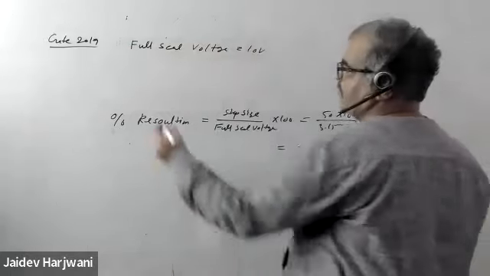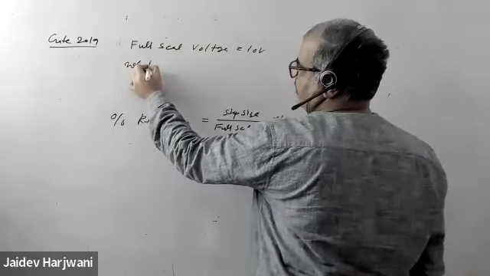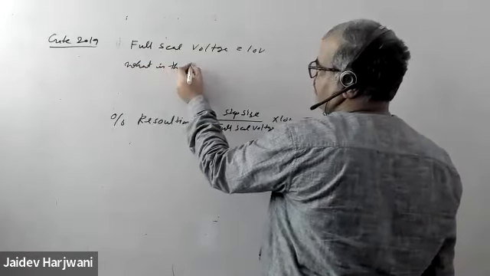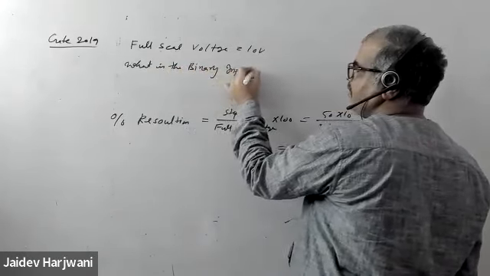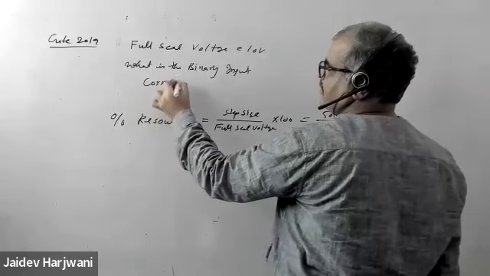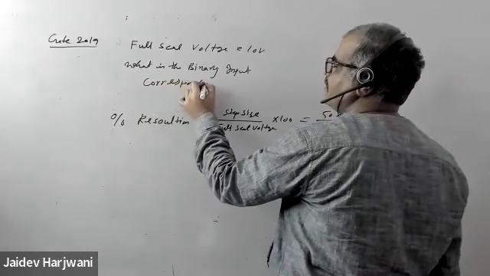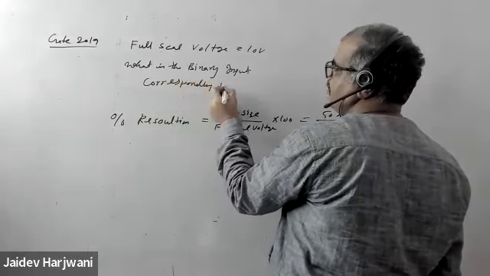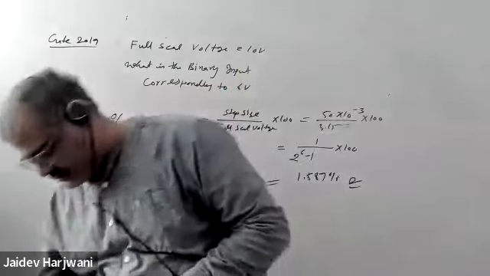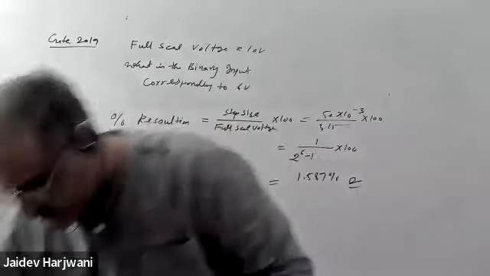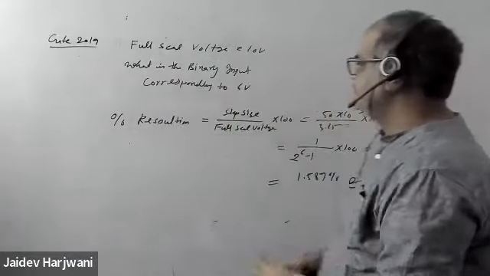So they're asking, what is the binary input corresponding to 6 volt?